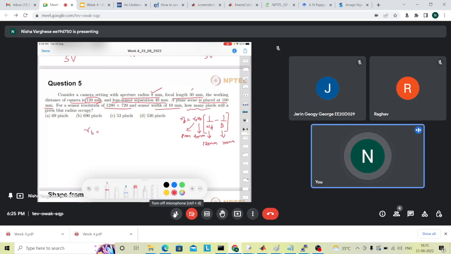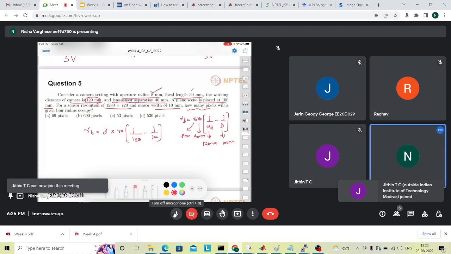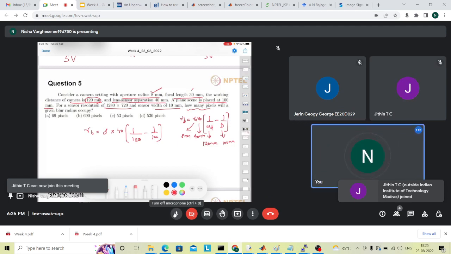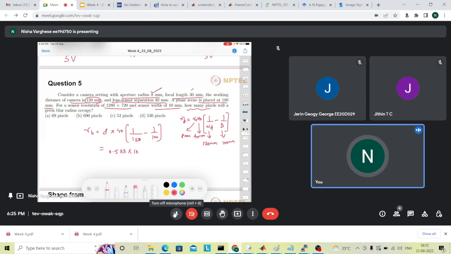You multiply like this, 8 into 40 divided by, 1 by 120 minus 1 by 100. You will get around 0.533 into 10 raised to minus 3 millimeter.